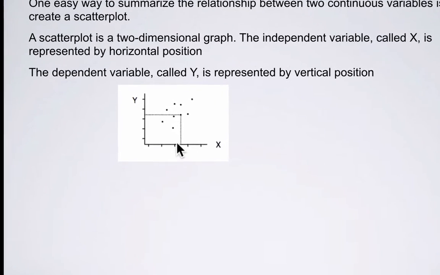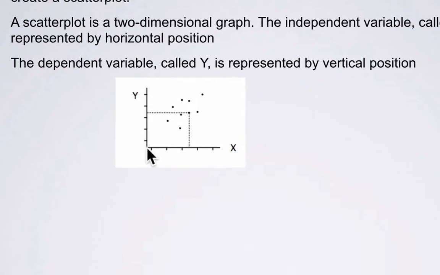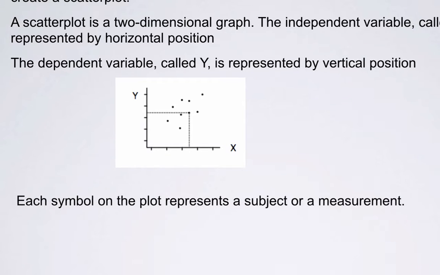In this case, we might have cholesterol levels, and we might look at what the blood pressure of the individual is. Each symbol here represents a subject or a measurement. So if this was cholesterol levels, this would be the cholesterol level of a single individual and the corresponding blood pressure of that individual.